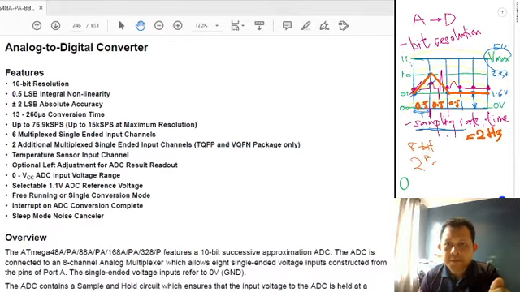Then it will be 256. Open up your calculator. And then if it is 16-bit, then that would be around 65536.